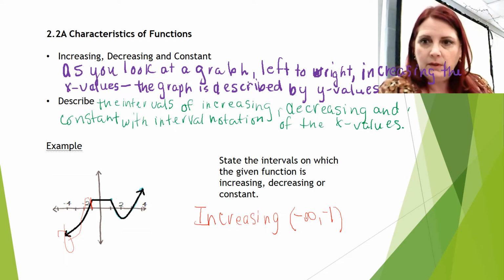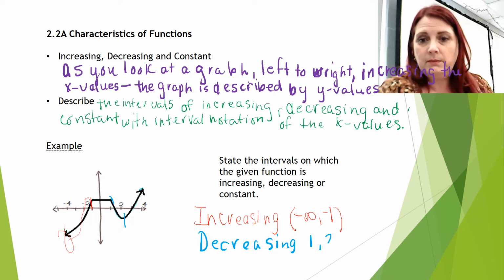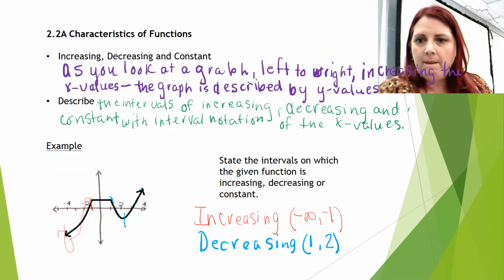And then we're going to have decreasing, from this point 1 all the way down to here, to 2. In between that, from -1 to 1, it's just constant. So let's put that down here, constant from -1 to 1.